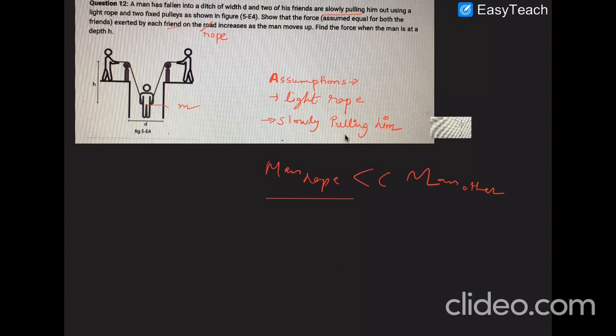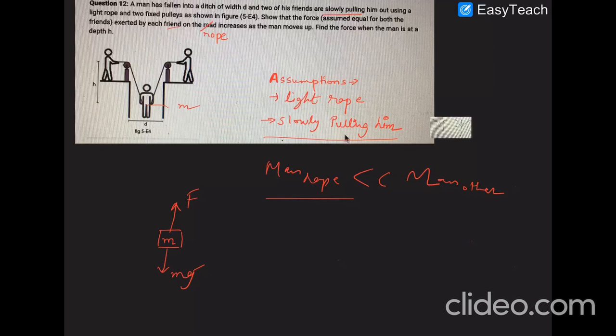Now let's move on to the next assumption: slowly pulling him out using a light rope. Let's understand this concept. Suppose we have a mass M. We are pulling it by a force F and it is placed in a vertical direction, so there will be gravity acting. Due to this there will be a force mg acting downward.